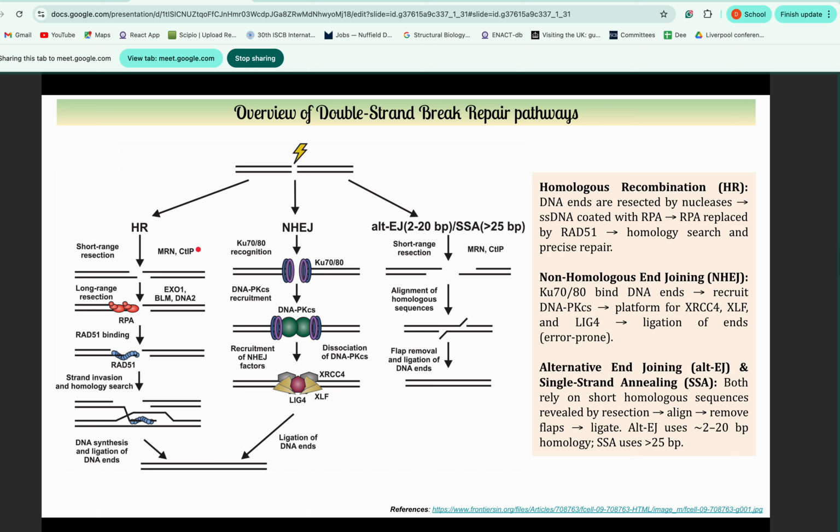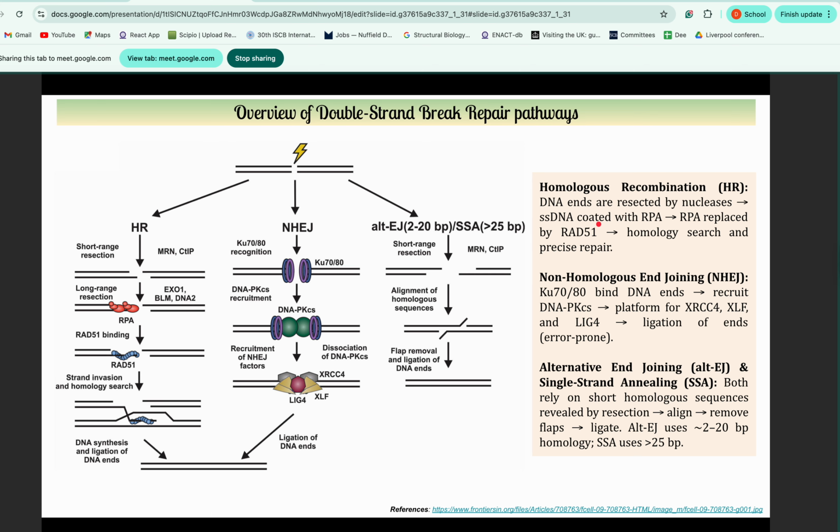They start the resection process, in which they degrade the bases present at the break point. So DNA ends are resected by nucleases, the enzymes which degrade DNA, generally from 5' to 3' as well as 3' to 5' at this break site.